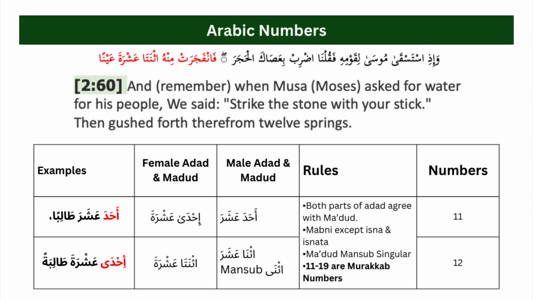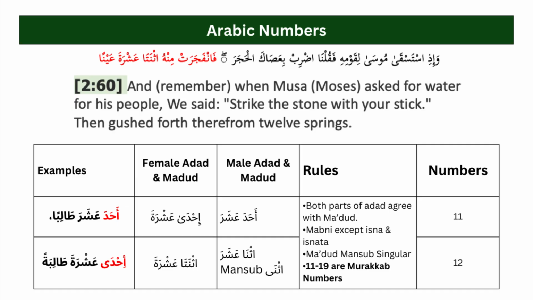Now let us go to the main chart. Numbers 11 and 12. The first part of the chart is about 11 and 12. The slide gives examples such as Ahada Ashara Taliban, 11 male students, Ihda Ashrata on the female side, and for 12, Ithna Ashara, Ithnata Ashrata.